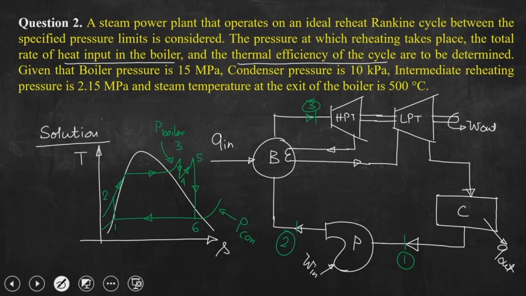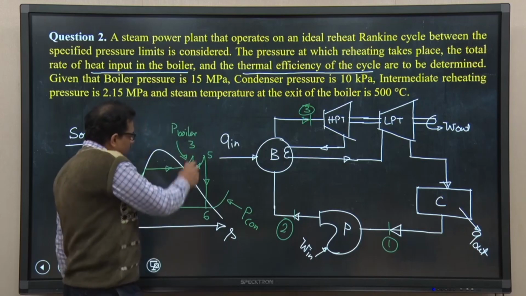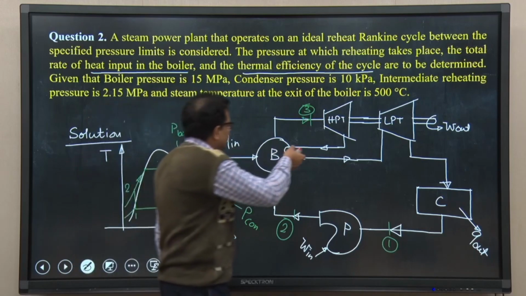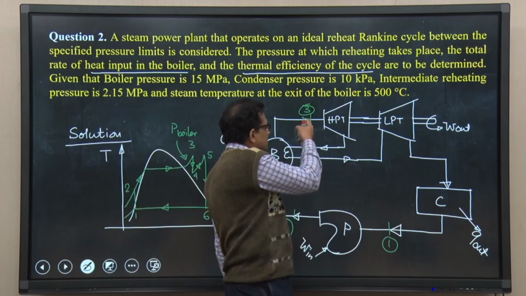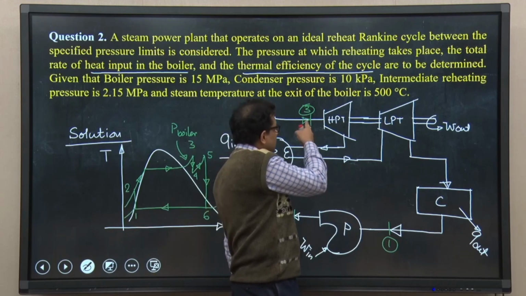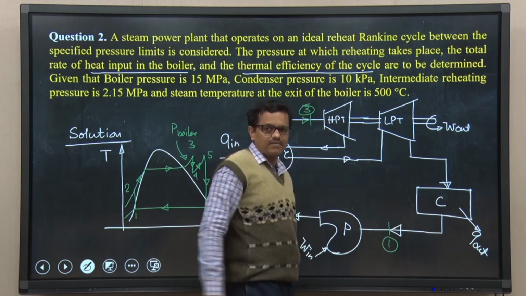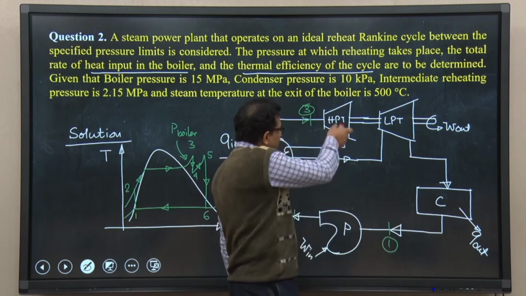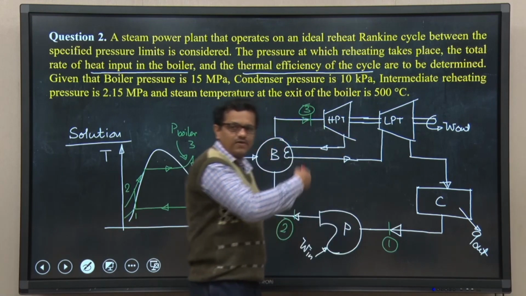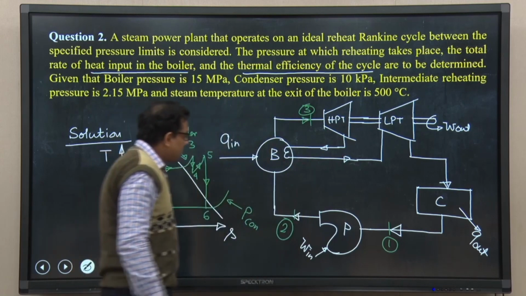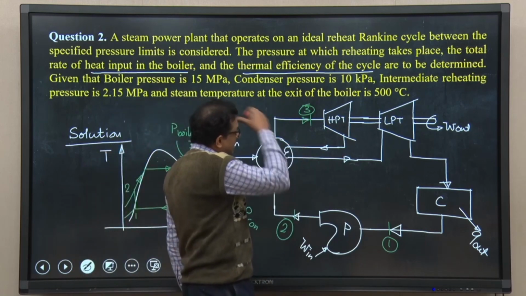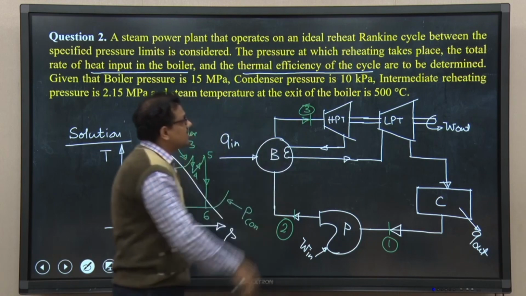One thing which is not given in the problem statement is what is done here. Steam is allowed to go into the high pressure stage turbine. After doing some work, it is taken back to the boiler for further reheating at an intermediate pressure.